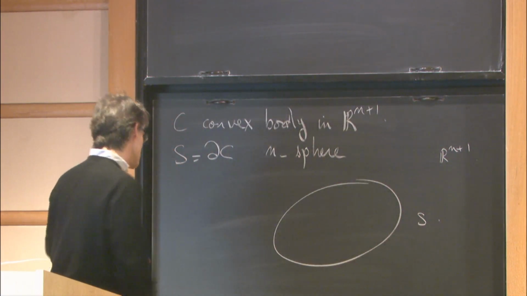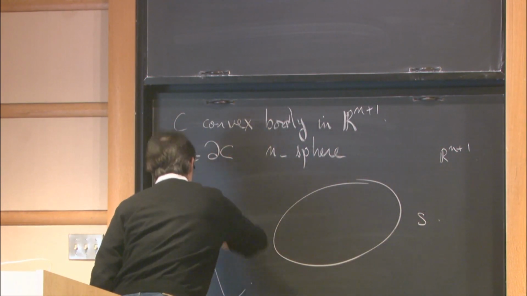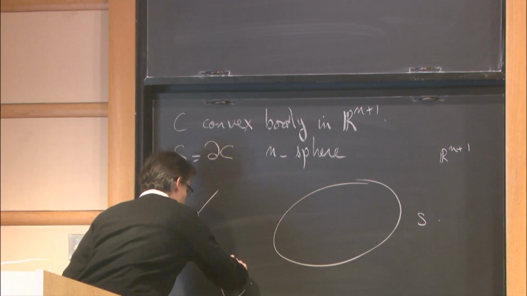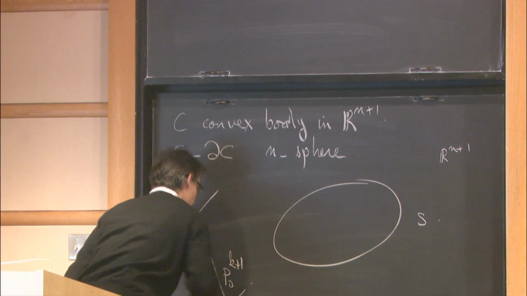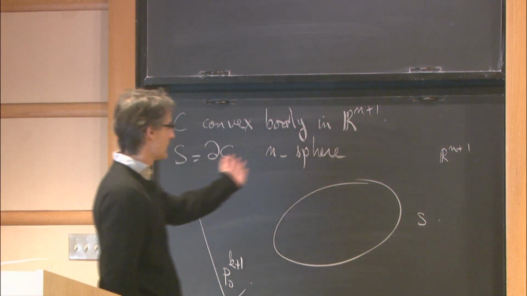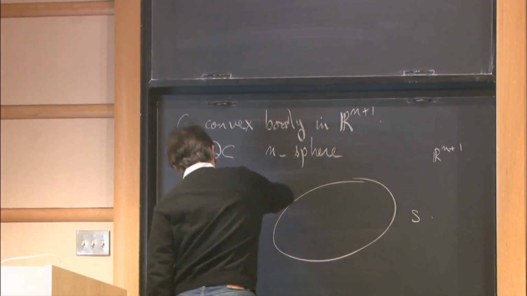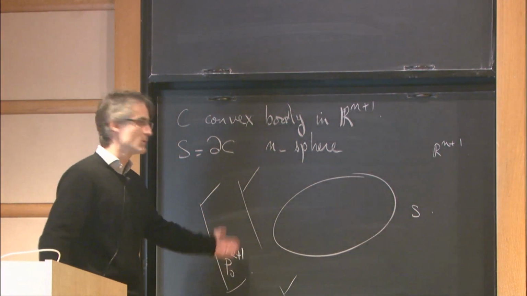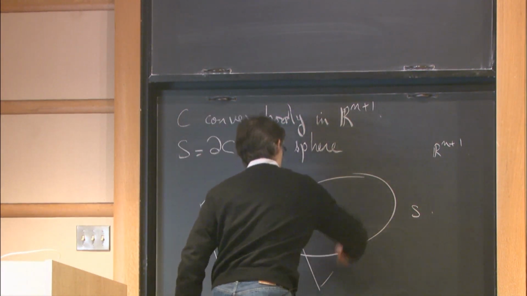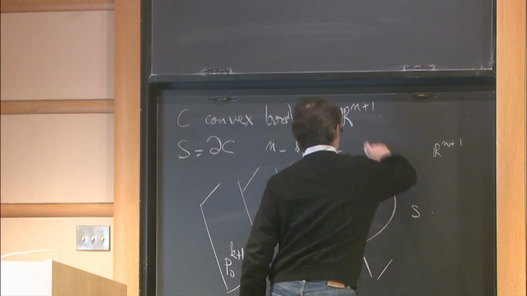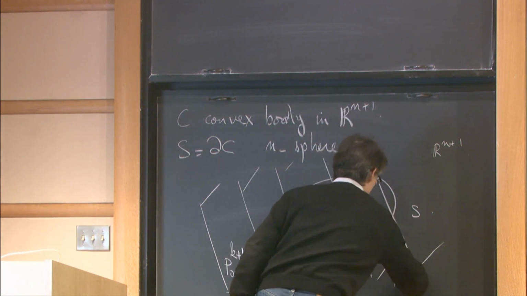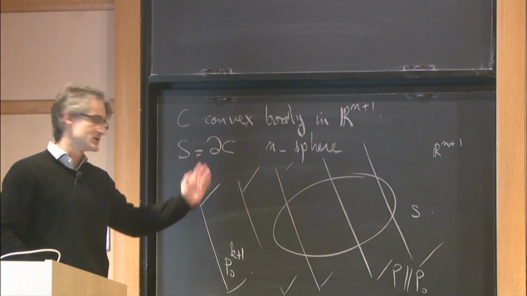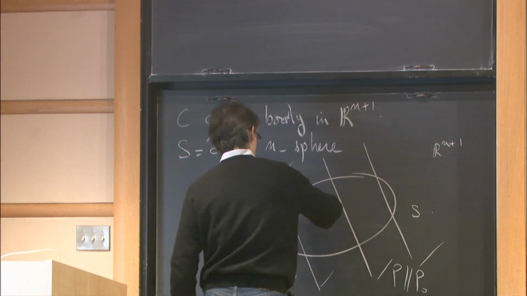Then I fix a (k+1)-dimensional plane P0, and I look at all the planes P which are parallel to P0, and then I look at the intersection between P and the sphere.